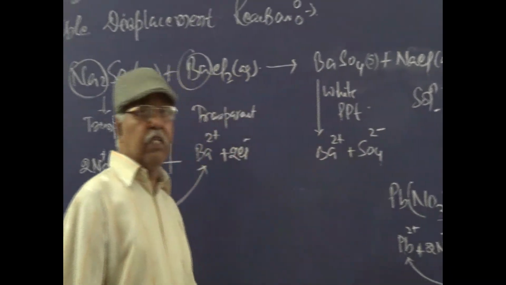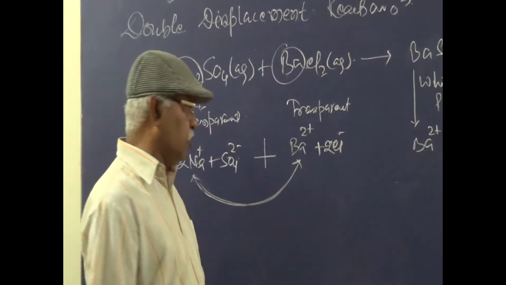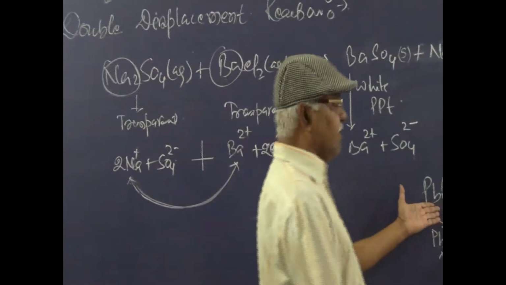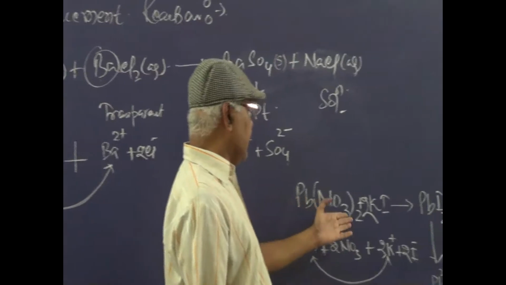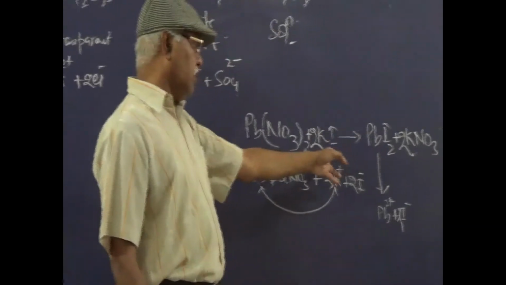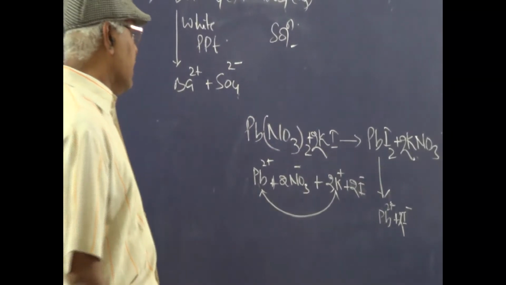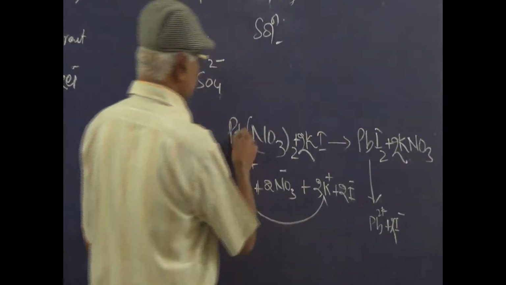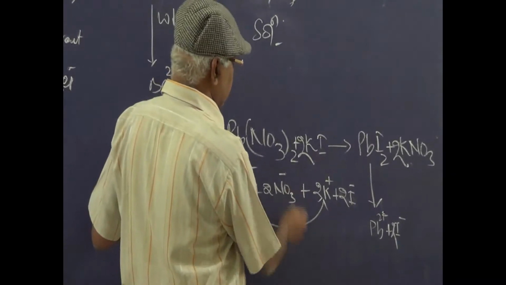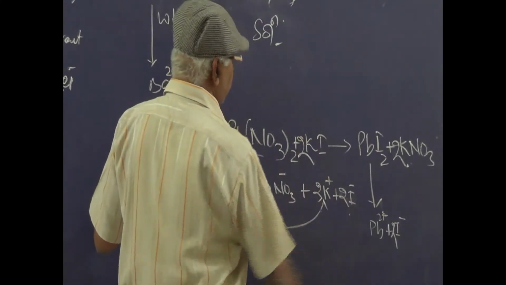I will tell you not only this, additional examples I will explain to you. Here also, see, take the lead nitrate solution plus potassium iodide solution. You will see that a chemical reaction takes place, an exchange of ions: lead and nitrate ions, and potassium and iodide ions.